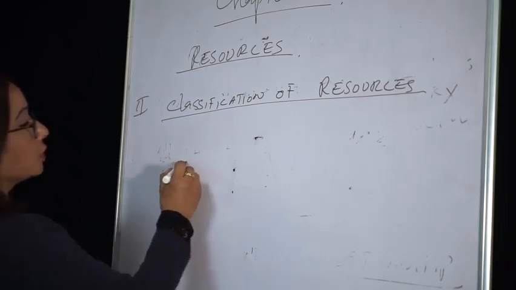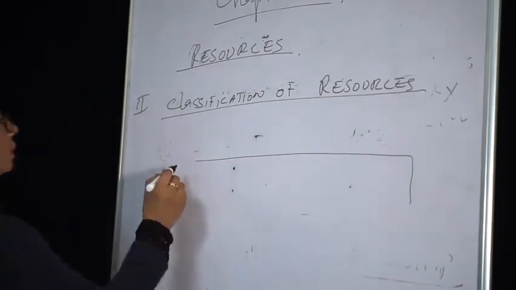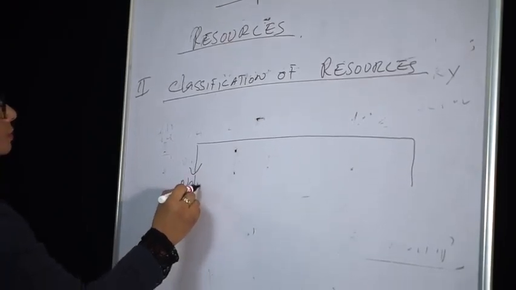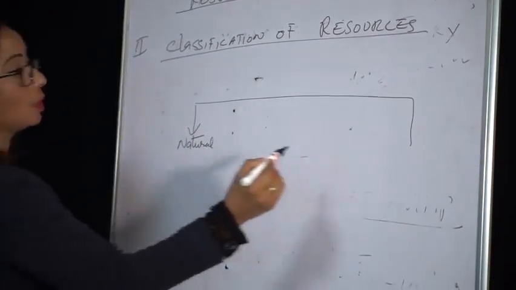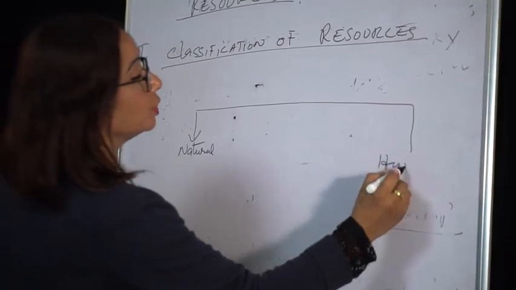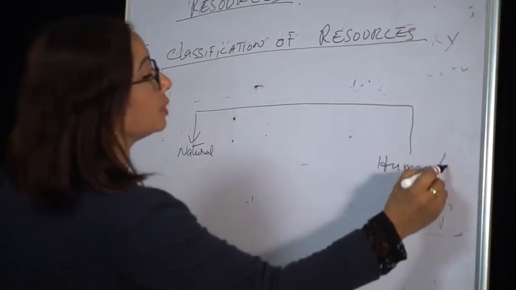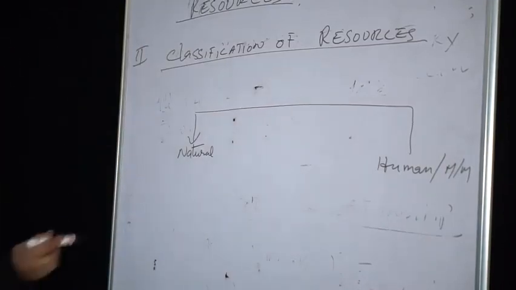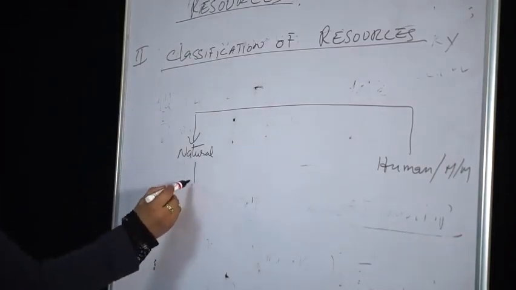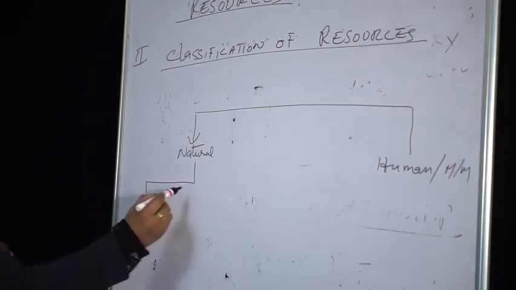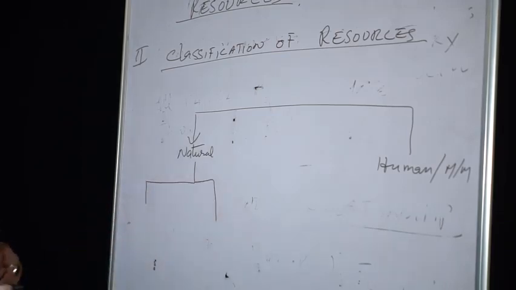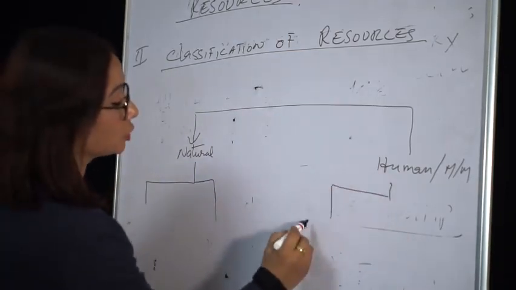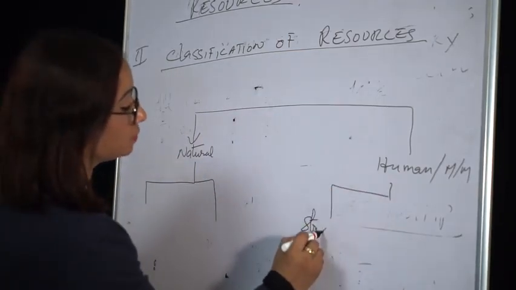We first have resources, and here we take it as natural, and here we take it as human. Human means man-made. I'm writing in short. Human we will take as structures and institutions.